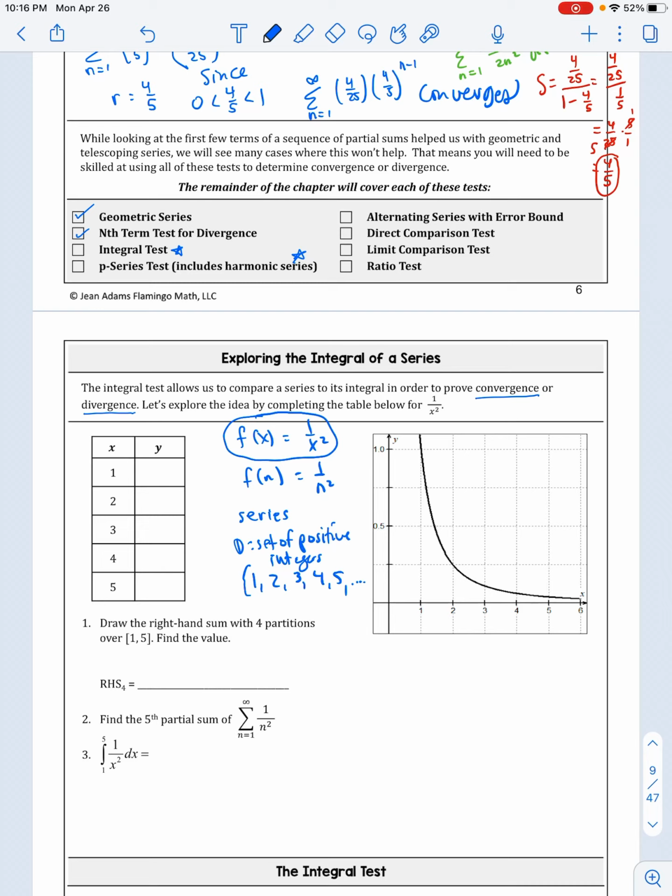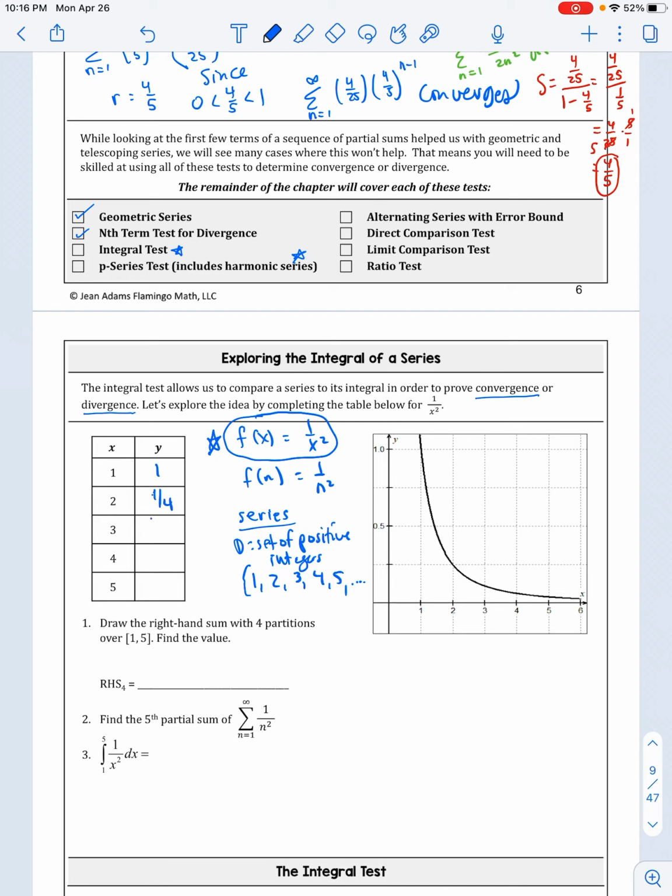That's your domain of a series, okay? Whereas the domain of this function is everything but 0, so it includes everything in between. But on a series, your domain is always just 1, 2, 3, because it's like the first term, the second term, the third term.